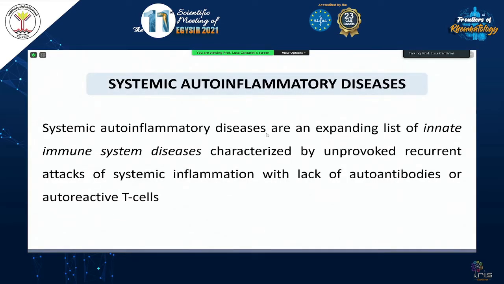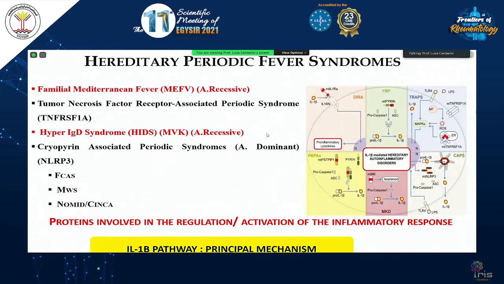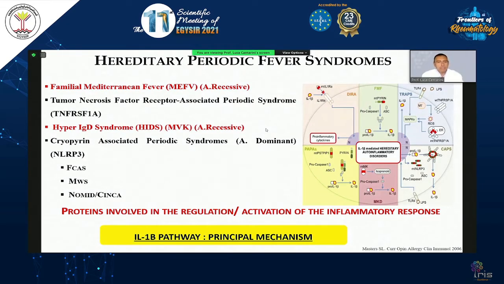You know that systemic autoinflammatory disorders are an expanding group of diseases of the innate immune system that are characterized by seemingly unprovoked attacks of systemic inflammation, typically with the lack of autoantibodies or autoreactive T cells. Hereditary periodic fever syndromes are a subgroup of autoinflammatory disorders, and the most common diseases are represented by familial Mediterranean fever, tumor necrosis factor receptor associated periodic syndrome, hyper-IgD syndrome, and cryopyrin associated periodic syndromes, with three phenotypes of increasing severity from the mildest, FCAS, to the most severe, CINCA syndrome.